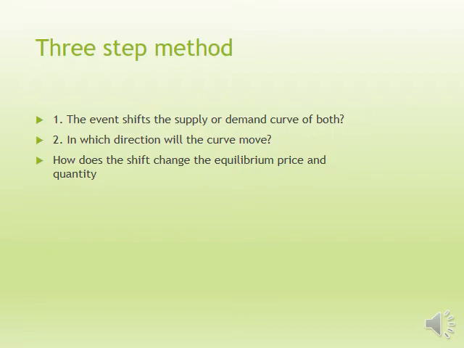And then what direction is the supply or demand moving? Is it increasing or decreasing? Is it moving right or left? And the third thing you've got to answer is, how will that affect the equilibrium price and the quantity consumed? Well, let's look at some examples later on and in the tutorial.